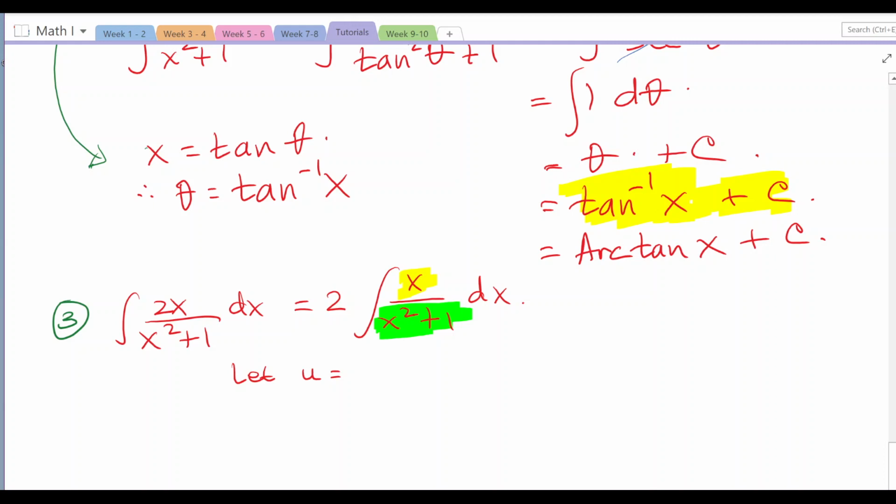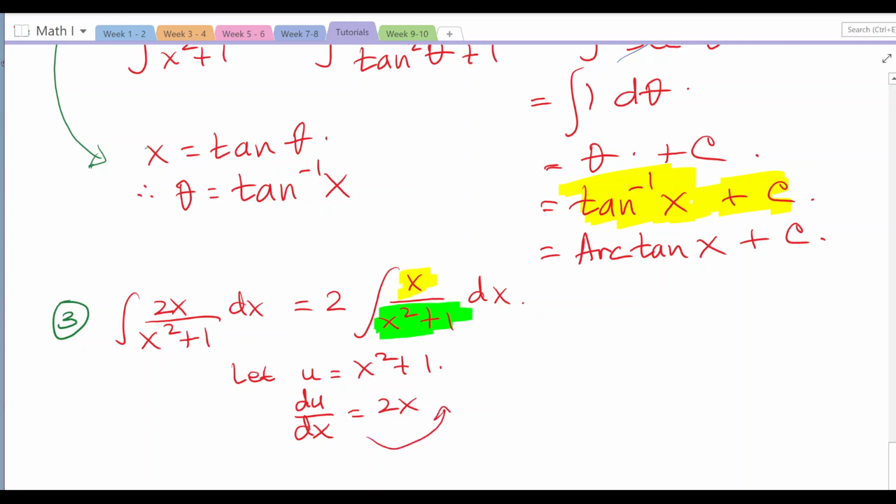We can find out by using the derivative. So we're going to let u be x square plus 1. We take the one that's more complicated. Therefore the derivative of u with respect to x will simply be 2x. Then do some rearrangement.